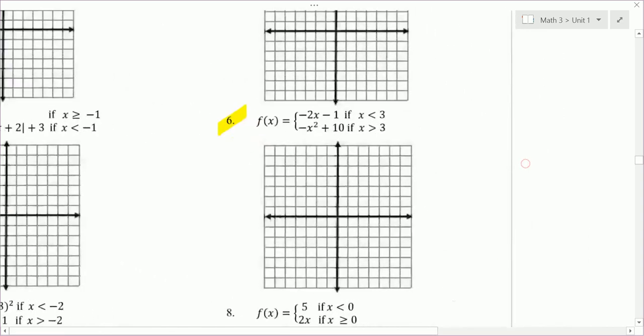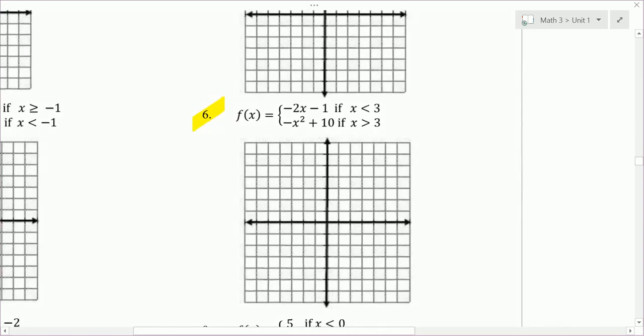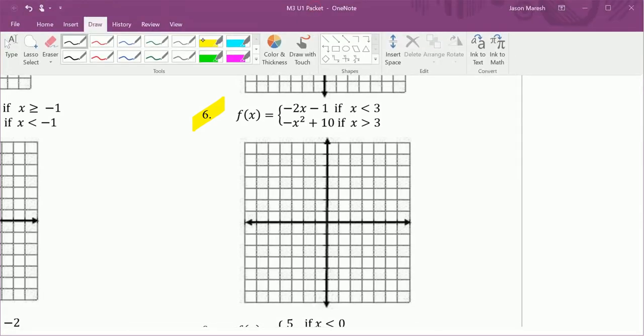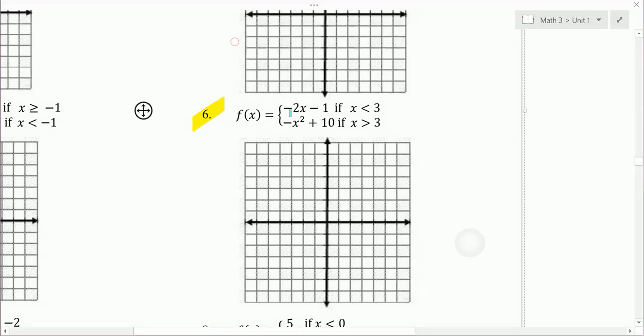Skip down to number 6. So we have two pieces here. The first piece is linear with the restriction x less than 3. So what I'm going to do, I'm going to highlight on the x-axis everything less than 3. Okay, right there.